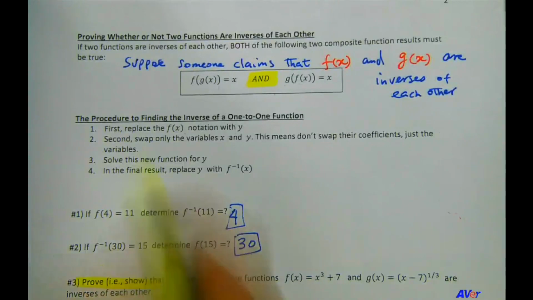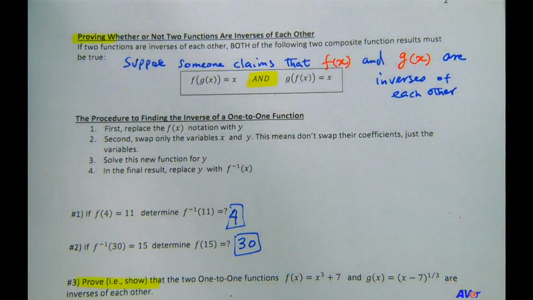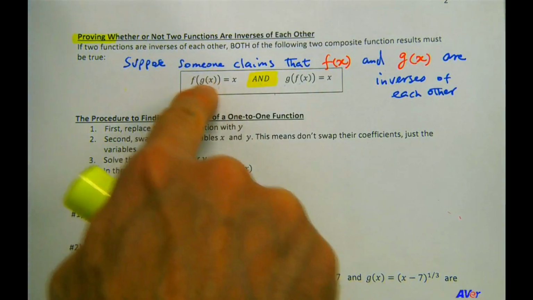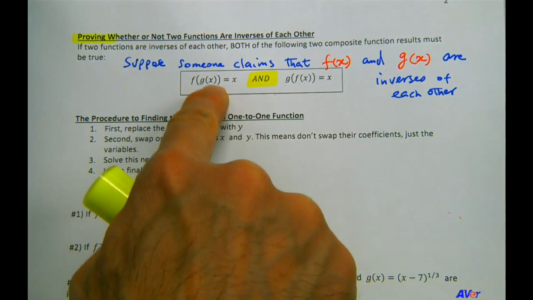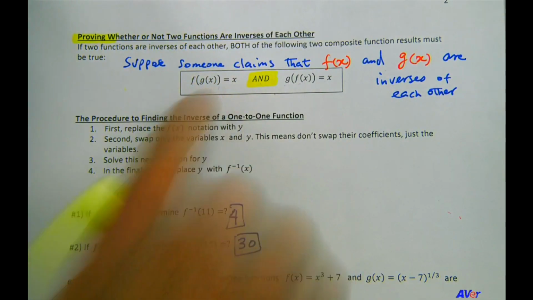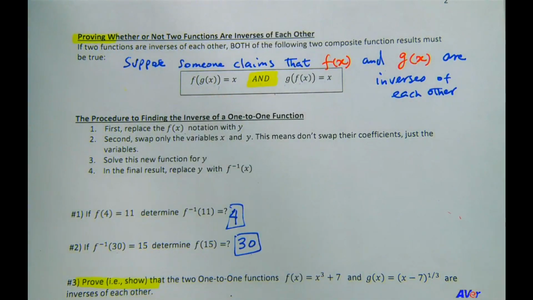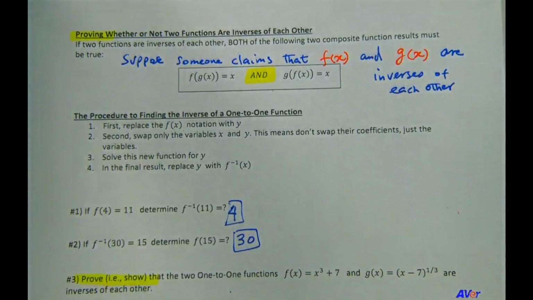Proving whether or not two functions are inverses of each other is based on our results from taking the composition function in both directions. Okay, if we end up with x, then the two functions f and g are inverses of each other.